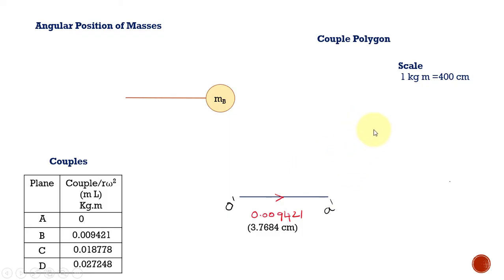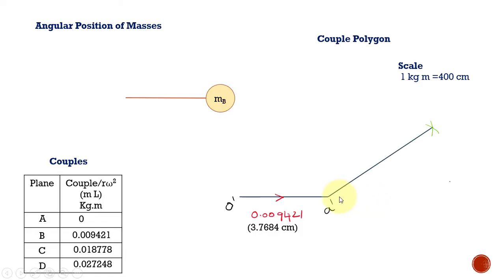First I'm going to take this value, that is 0.018778, and I'm just going to make an arc from A dash. And for this D, I'm going to take this value with the compass and make an arc from O dash.